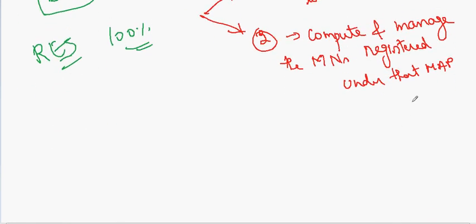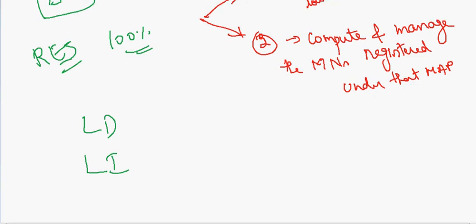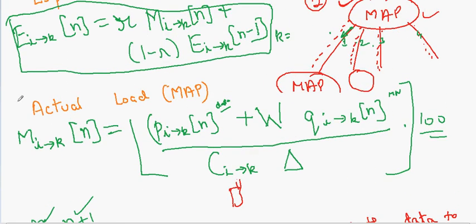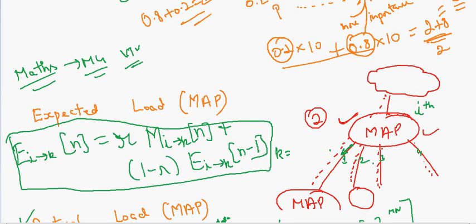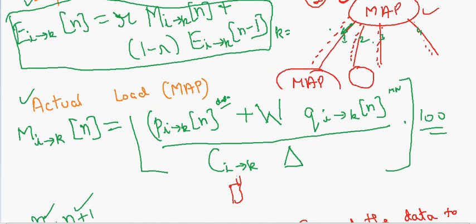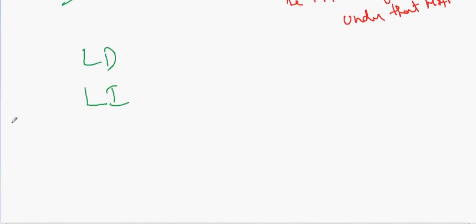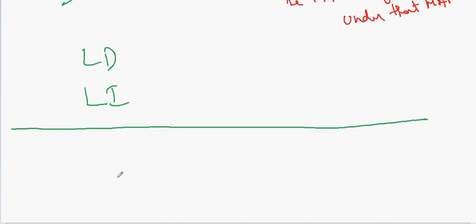So the load decreased tendency and load increased tendency is nothing but the comparison of values between the actual load and the expected load. That is decided by this factor: the expected load in the ith map at the kth downlink at n.